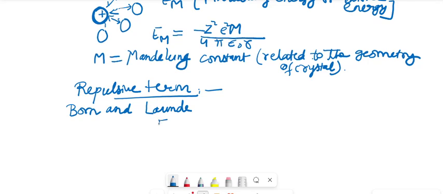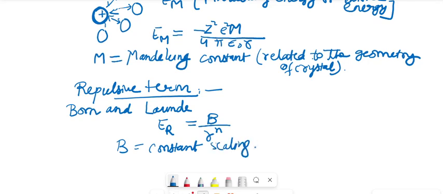So, if I say that ER is the repulsive energy term, then this is equal to B divided by R to the power n, where B is a constant scaling the strength of the repulsive interaction.